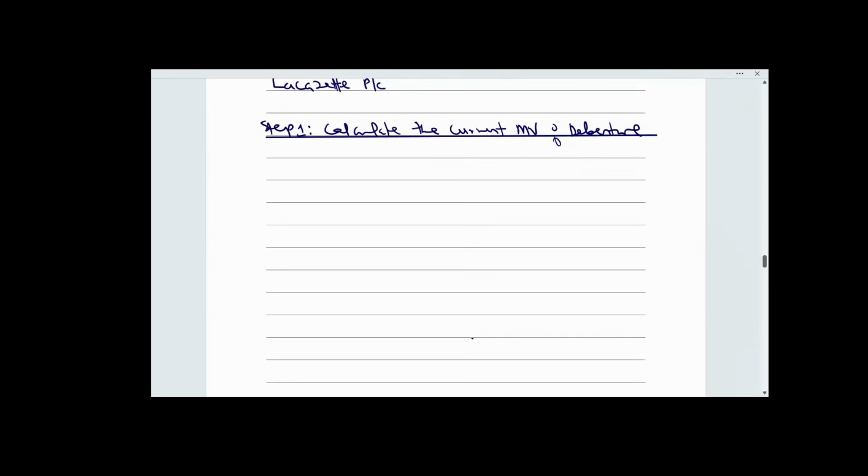So, to calculate the market value of the debenture, the same way you will normally calculate NPV is the same way you are going to do this, except that you are not going to include year 0, because if you include year 0, it means you are simply calculating NPV, and we are not calculating NPV. We are calculating market value.